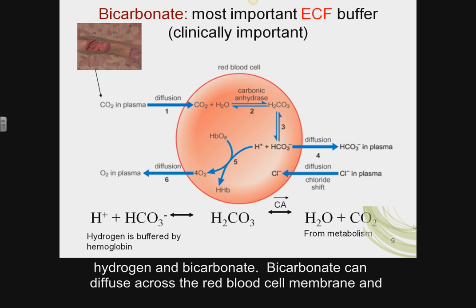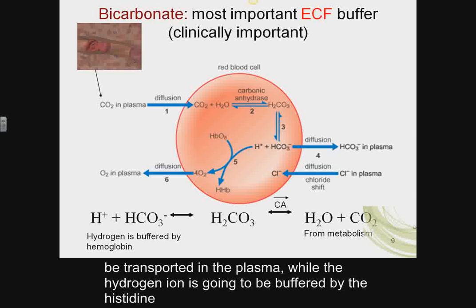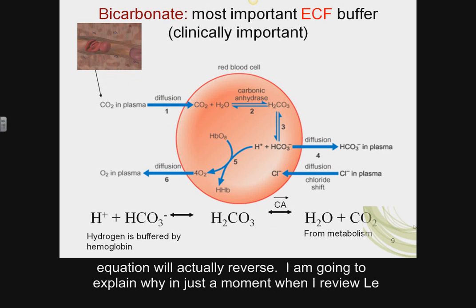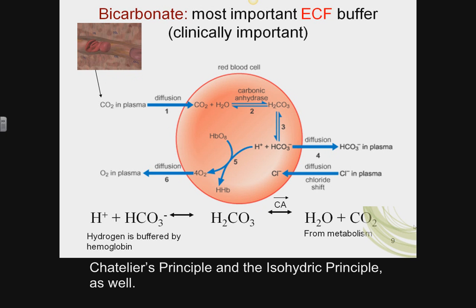Bicarbonate can diffuse across the red blood cell membrane and be transported in the plasma, while the hydrogen ion is going to be buffered by the histidine residues in hemoglobin. When this red blood cell gets to a pulmonary capillary bed, this equation will actually reverse. I'm going to explain why in just a moment when I review Le Chatelier's principle and the isohydric principle as well.